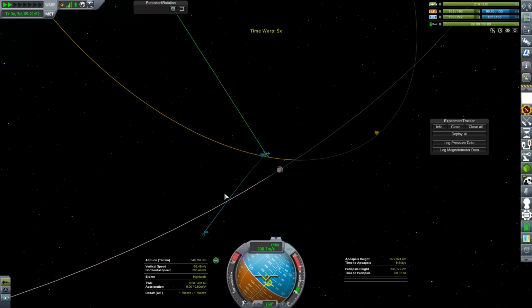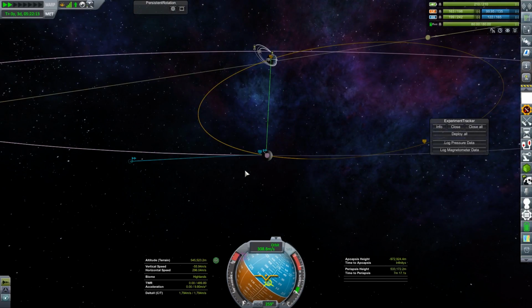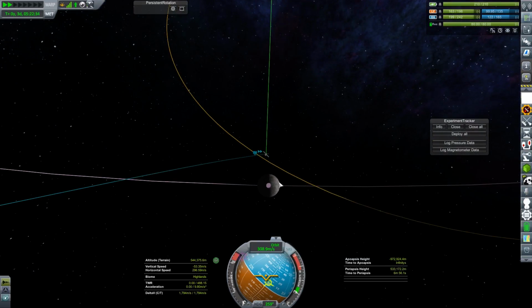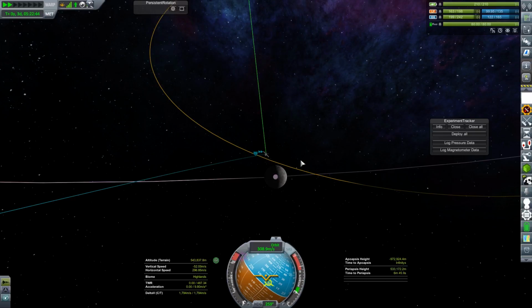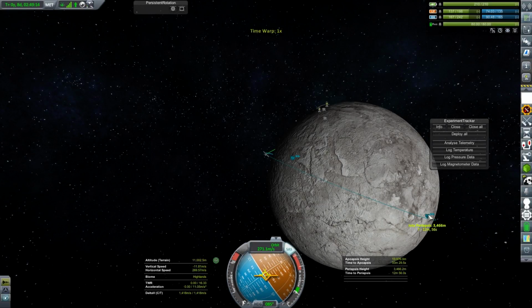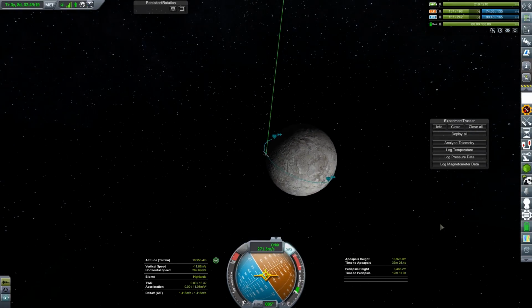So I'm going to get captured and then burn along the edge, not behind the planet, because I won't be able to control my craft, so that I land on the light side, so that you guys can see what's going on. Okay, periapsis now, 3,000. That should be above terrain.